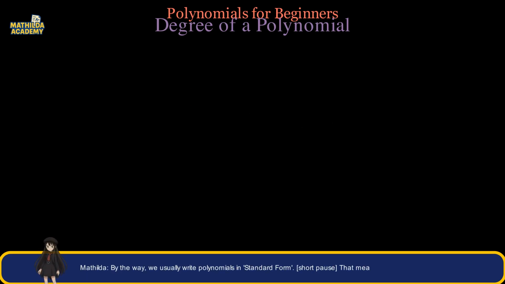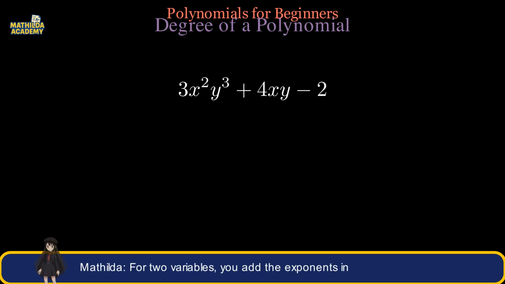By the way, we usually write polynomials in standard form. That means putting the highest powers first. For two variables, you add the exponents in each term.